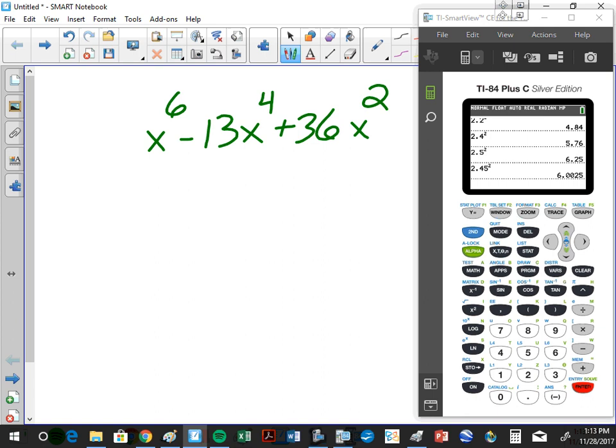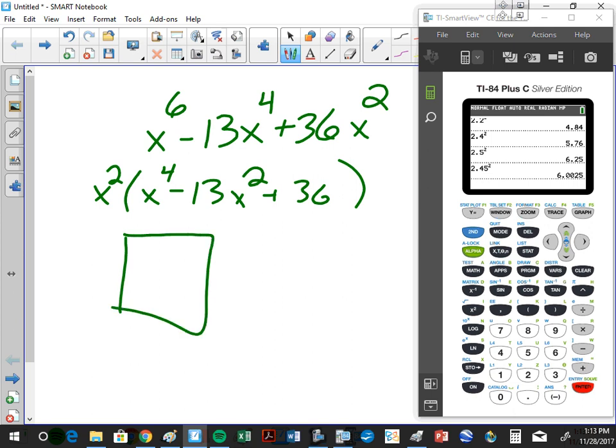Pull out an x squared, which leaves me with x to the 4th minus 13x squared plus 36. Can I use the box? Yes, the middle term is half the first term. Draw the box. X to the 4th, 36. Multiply those together. 36x to the 4th. Are there factors of 36 that add to be negative 13?